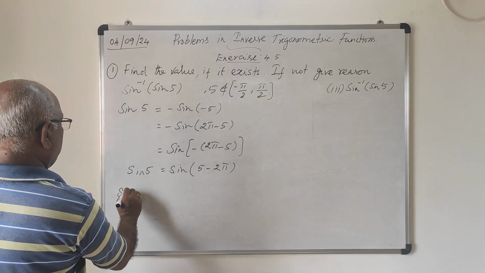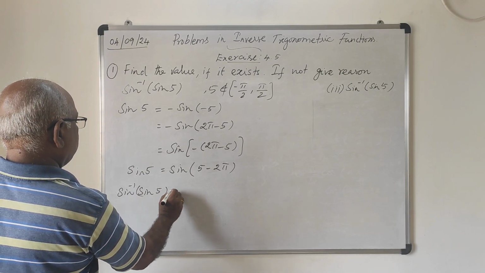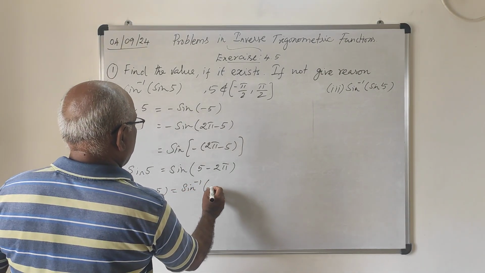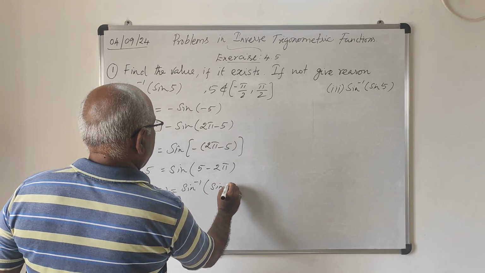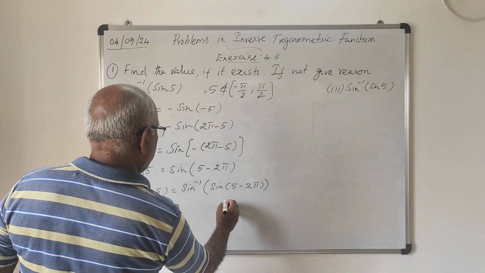So sine inverse of sine 5 equal to sine inverse of sine of 5 minus 2 pi.